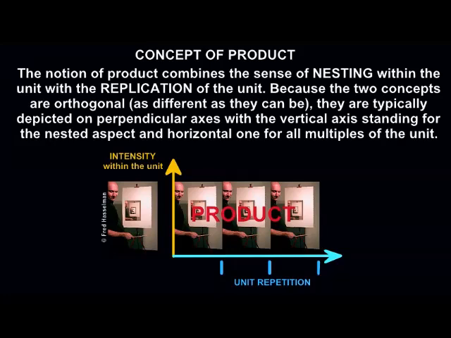The notion of product combines the sense of nesting within the unit with the replication of the unit. Because the two concepts are orthogonal, as different as they can be, they are typically depicted on perpendicular axes, with the vertical axis standing for the nested aspect and horizontal one for all multiples of the unit.